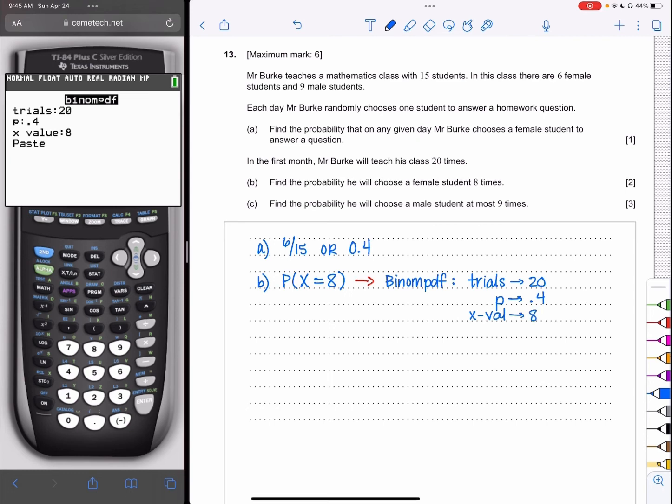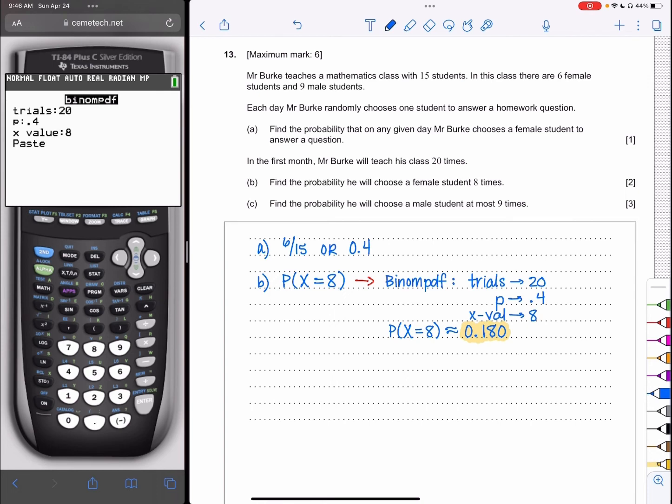And I see that my probability ended up being 0.180. Remember, this is 3 sig fig. If you want to write your answer out, write it out.